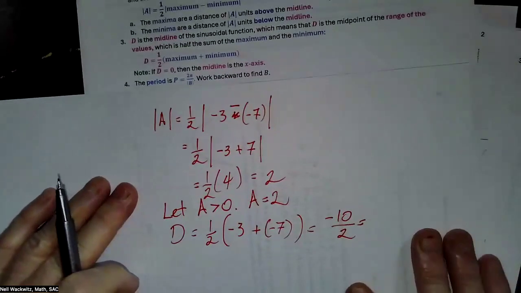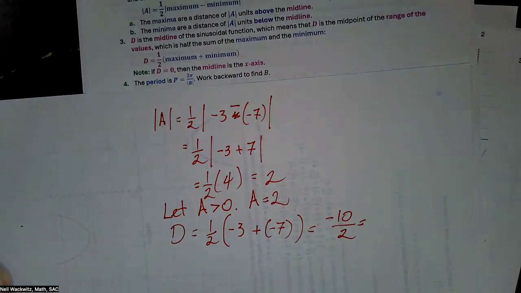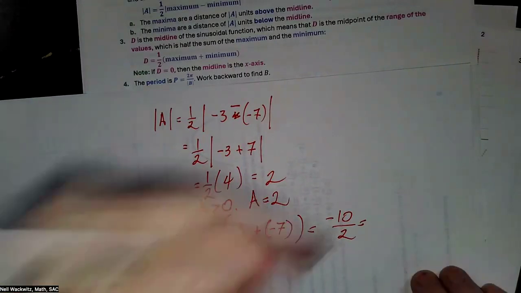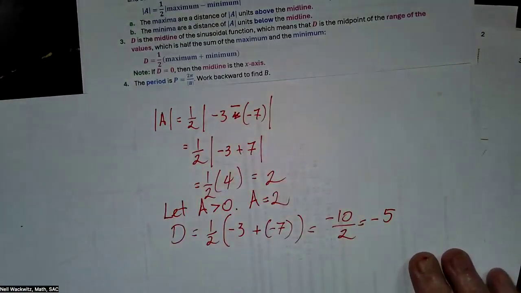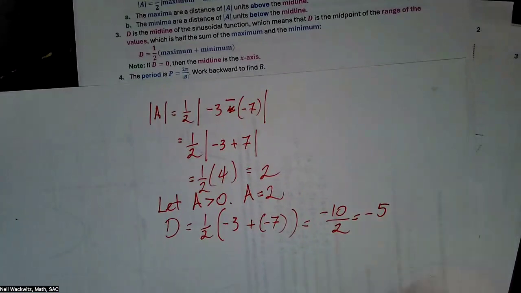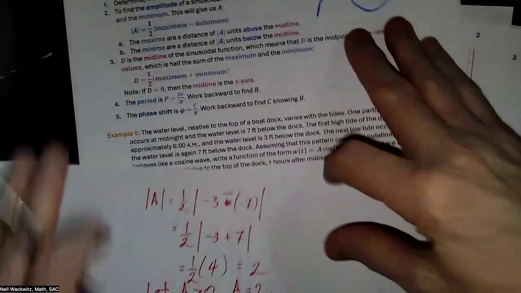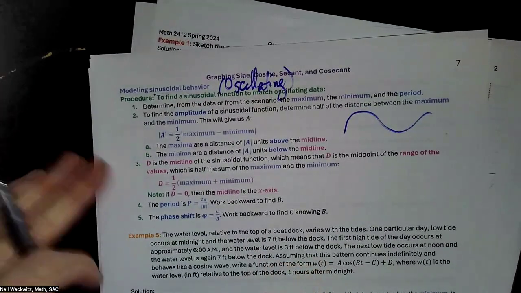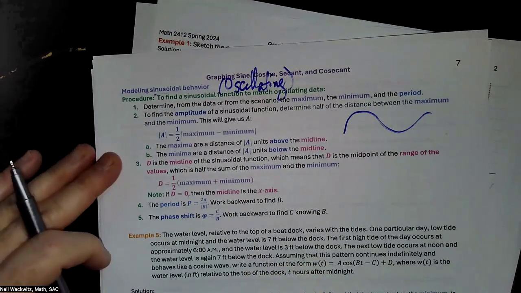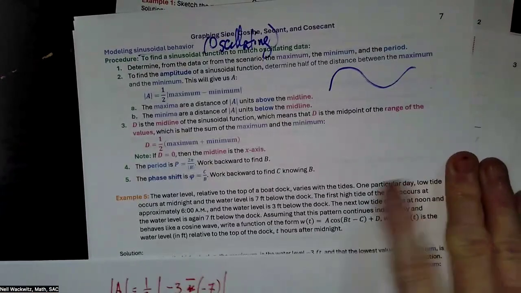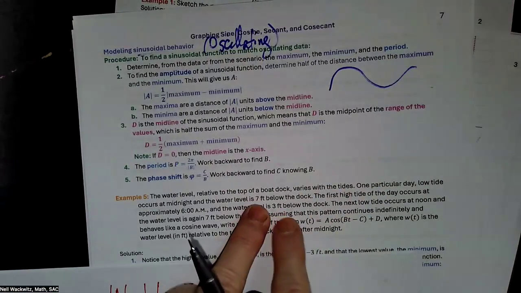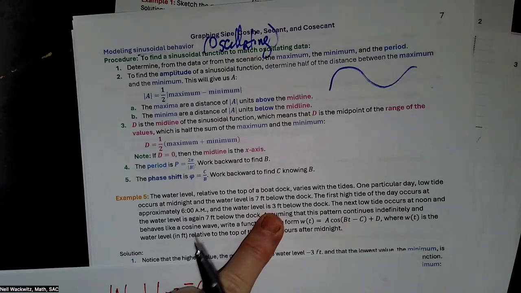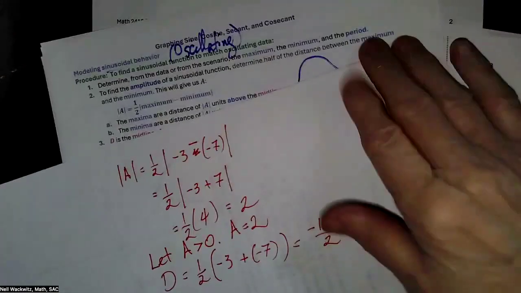And 1/2 of -10 is -5. Good. Does it make sense that the midline would be -5? We look at the information. Does it make sense? Yes. Everything is negative. We've got -7 and -3 is the biggest. So -5 is in the middle. That's really groovy.